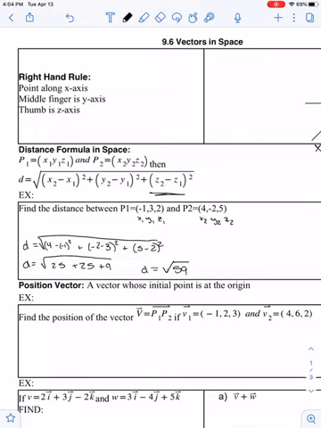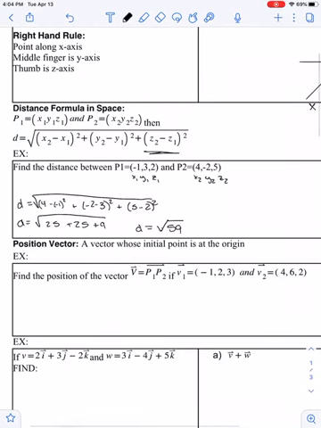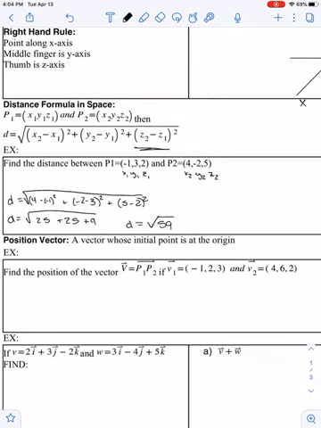That's it. So now we're going to do the position vector, a vector whose initial point is at the origin. Find the position of the vector P1, P2. So this is that first thing we did of combining the i's together, combining the j's together, combining the k's together. So here we have vector v, is what we're trying to find, equals 4 plus -1 i plus 6 minus 2 j.